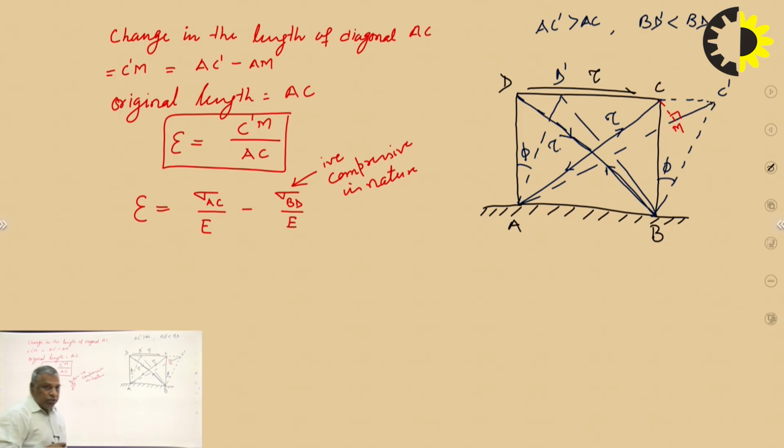Now Poisson's ratio will come into the picture. So in the lateral direction to BD, sigma BD will contribute this strain multiplied by Poisson's ratio nu.